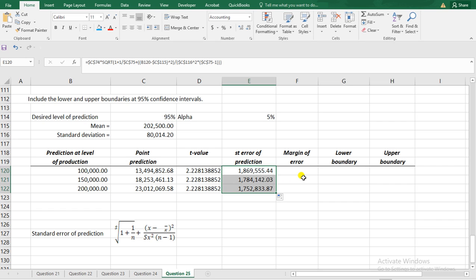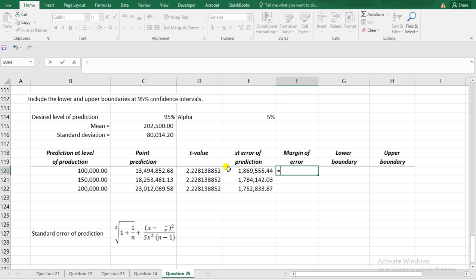After we are done with that, of course, determining our margin of error. Margin of error will be simple because I'll just take my t value and multiply by our standard error of prediction. I scroll it down. Our lower boundary will be easy because I'll just take our point prediction, of course, minus our margin of error.